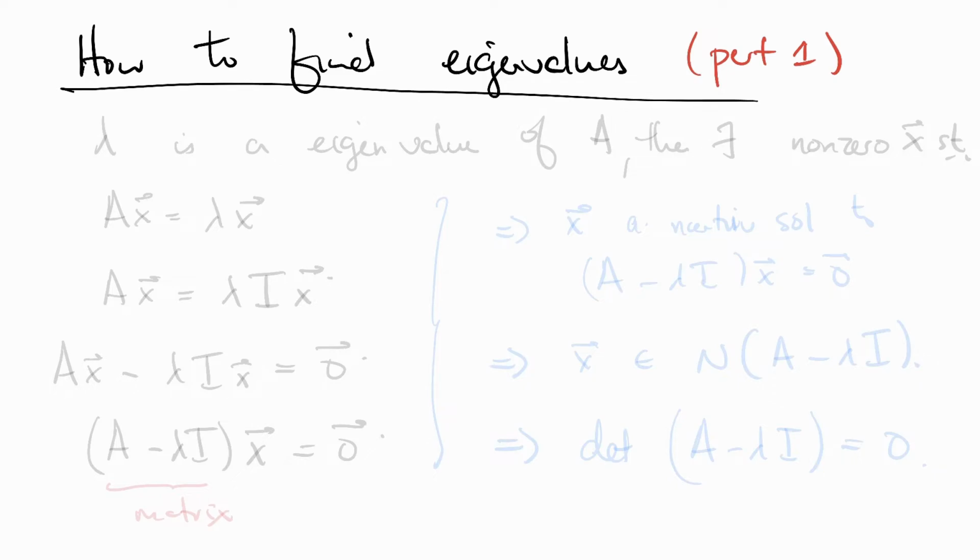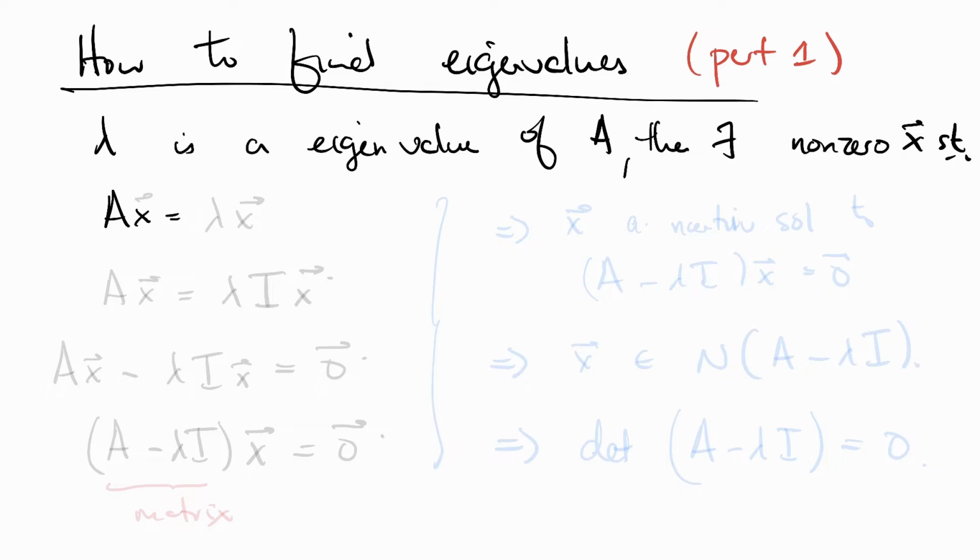So let's just walk through some things in order to make our next steps more obvious. Say lambda is an eigenvalue of A, then there exists a non-zero x vector such that Ax is equal to lambda x.